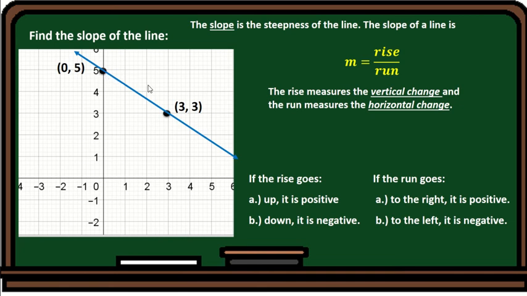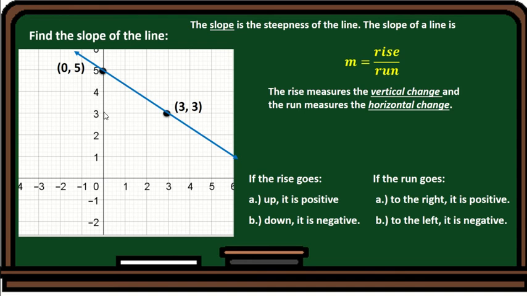Kasi nasa baba yung second point natin. So, hindi naman tayo pwede mag-skip na dito 1, 2, 3. No. Dadaan tayo sa process ng rise, direction ng rise at direction ng run. So, pababa tayo. From this point, count tayo 1, and then 2.